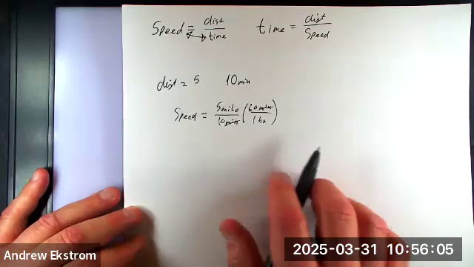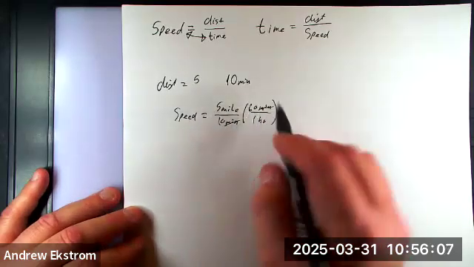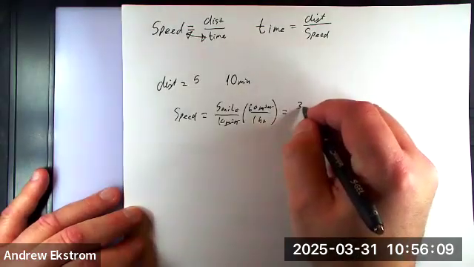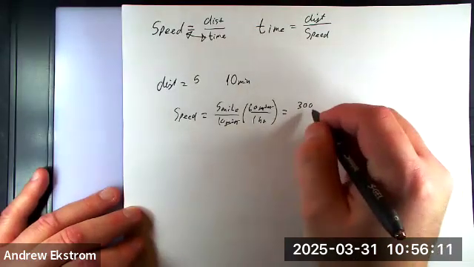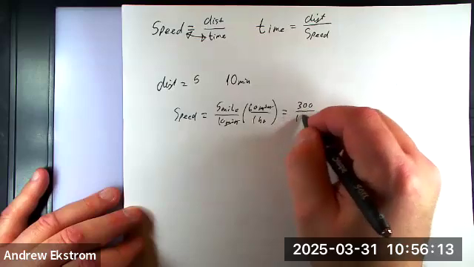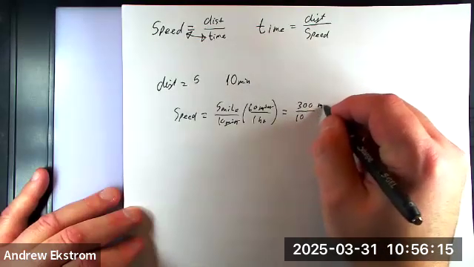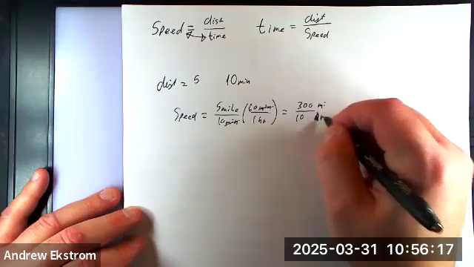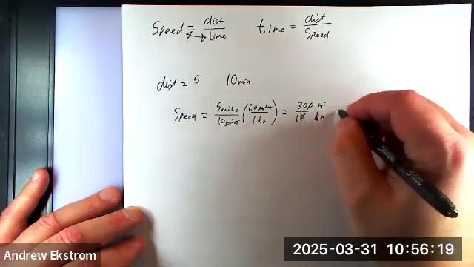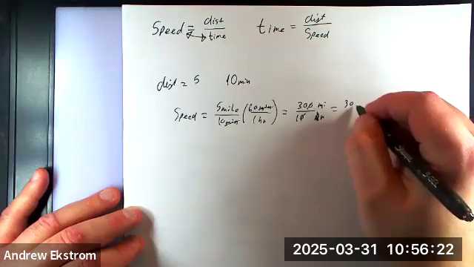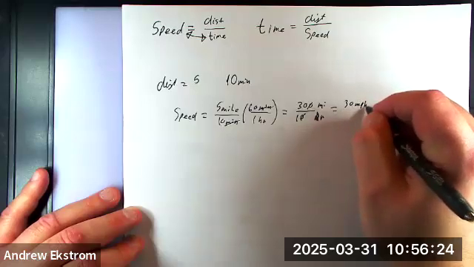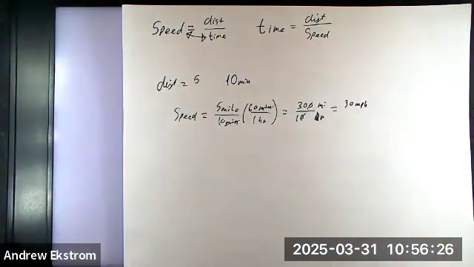Minutes will cancel out. 5 times 60 is 300 divided by 10 miles per hour. Cancel that out. So my normal traveling speed here is about 30 miles an hour.